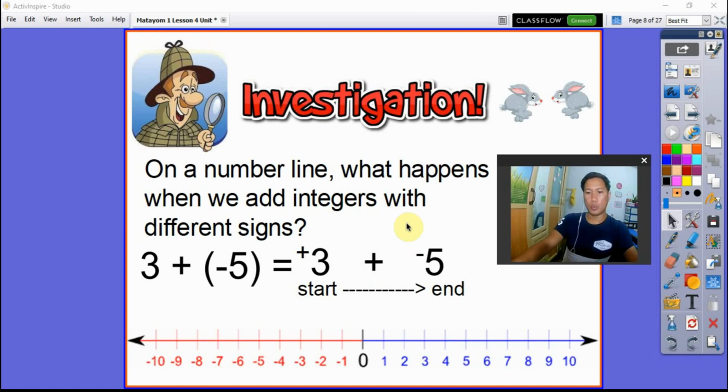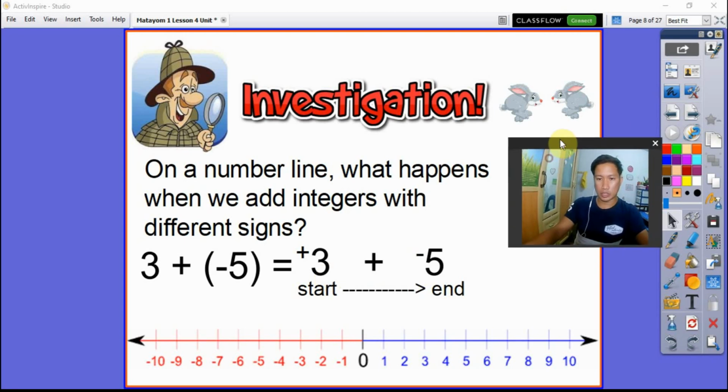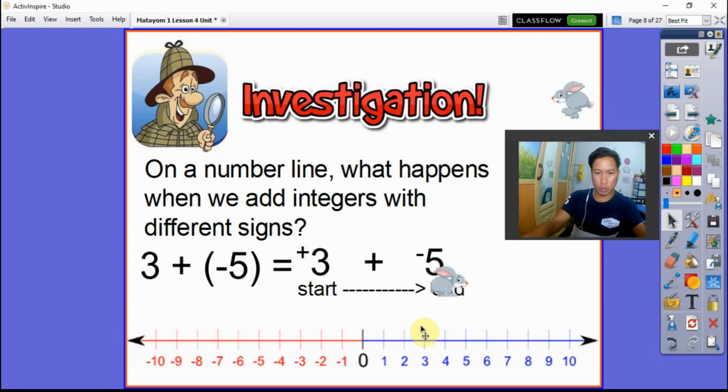Now we have 2 steps. For today we will use what we learned in our investigation. We have a starting number and an ending number. Okay, let's get started. So let's use our bunnies here.